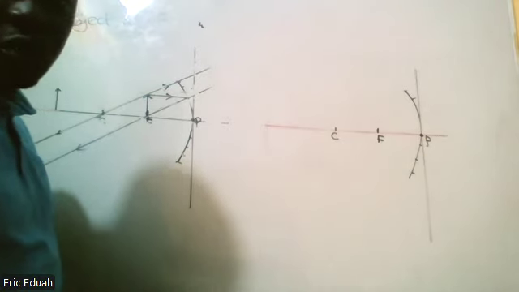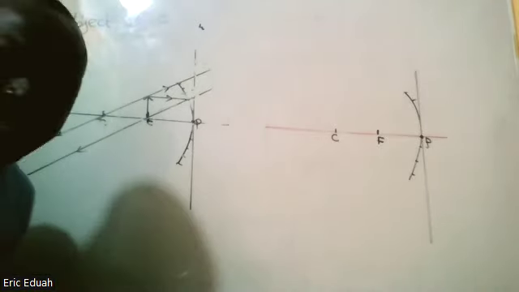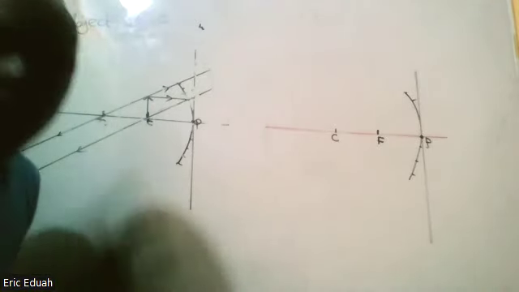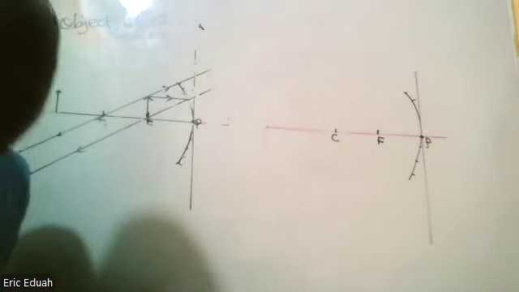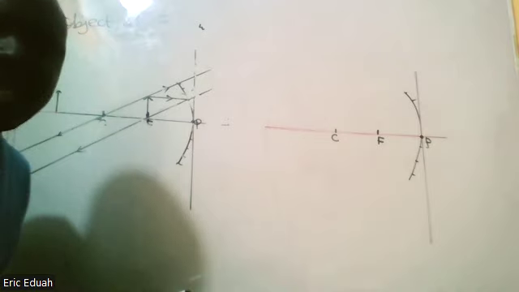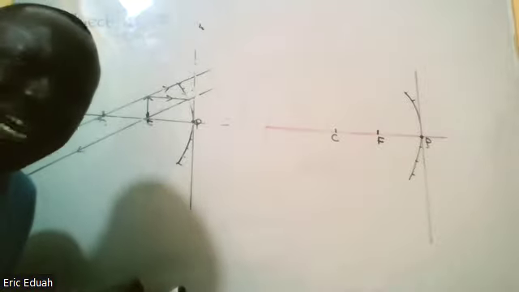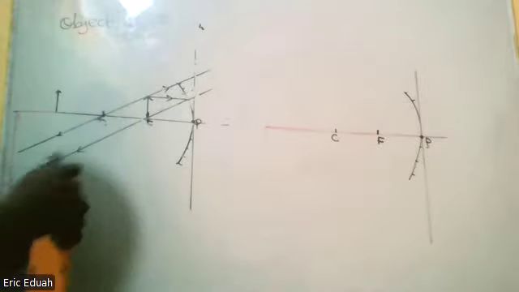So to indicate that the incident ray or the object is at infinity, draw two or more parallel rays, and because they are parallel and incident on the mirror, we conclude that the rays are coming from infinity.